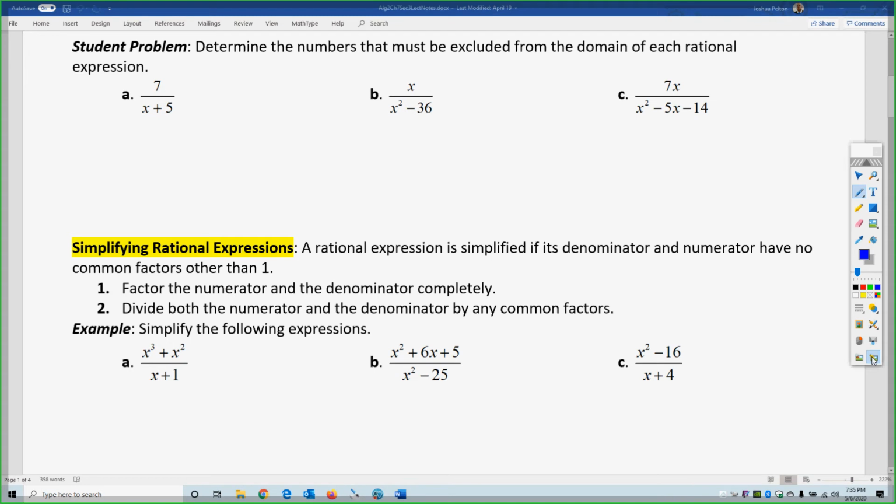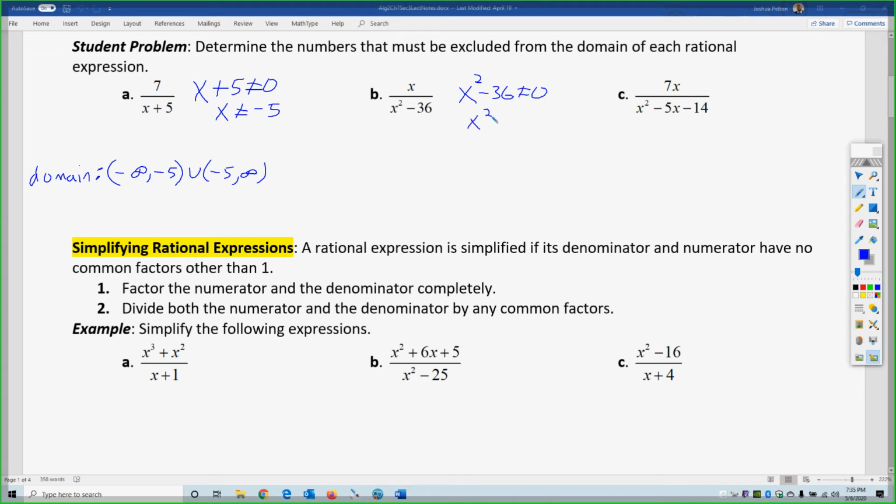Okay, student problems. First denominator, x plus 5 cannot be 0, therefore x cannot be negative 5. So my domain is all values of x except for negative 5. So negative infinity to negative 5, union negative 5 to positive infinity. Next one, x squared minus 36 cannot be 0.